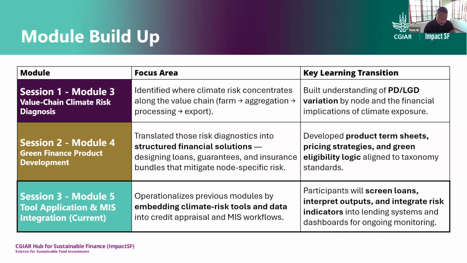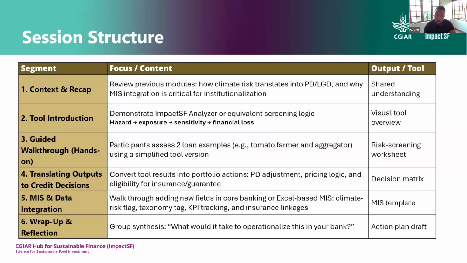In terms of the session structure, what is important is to understand the output tool that we are looking at, on your far right-hand side. The main thing at the end is your risk screen worksheet, your decision matrix, your MIS template, and then obviously the action plan.